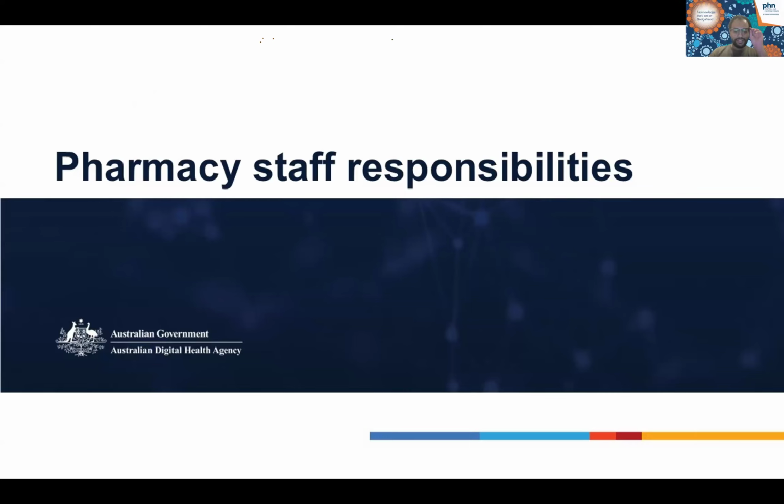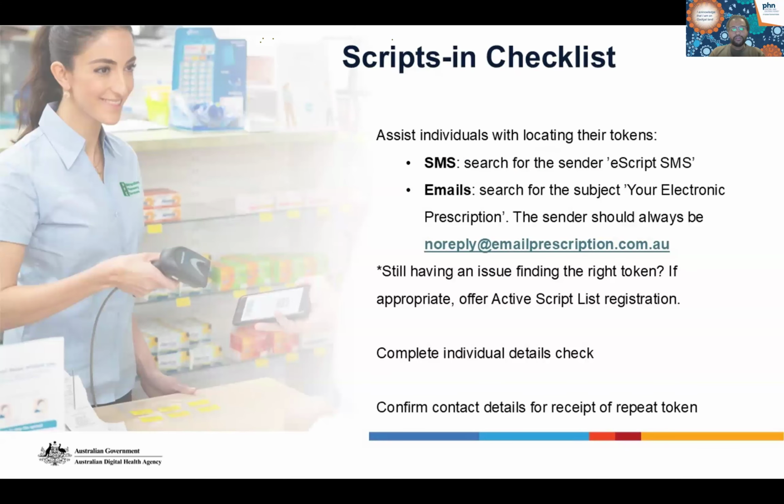Okay, so pharmacy staff responsibilities. So, the scripts in checklist. To assist individuals with locating their token, it'll be in their SMS under eScript SMS, or if it's being emailed to you, it'll be under your electronic prescription. The sender should always be no reply at emailprescription.com.au.